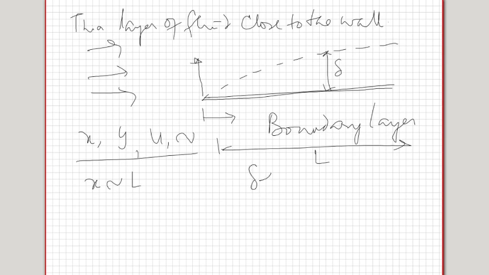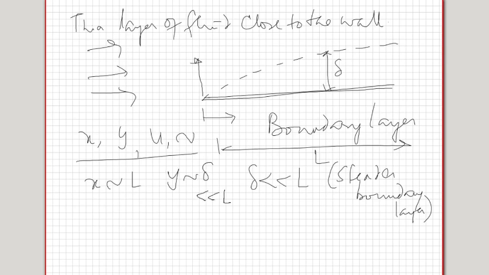So delta is much smaller than L, which basically means slender boundary layer. This is the approximation or assumption which will help us to simplify these equations. So then your y is of the order of delta, which is much less than L.